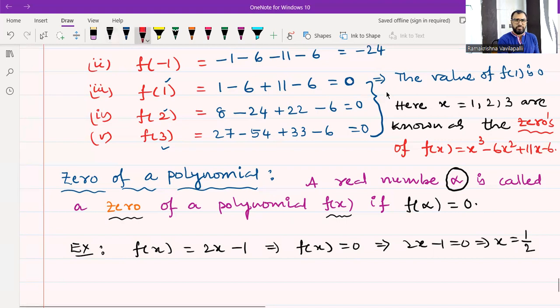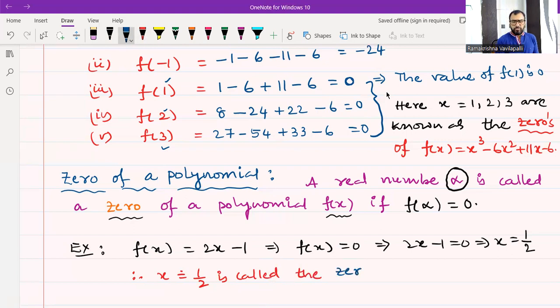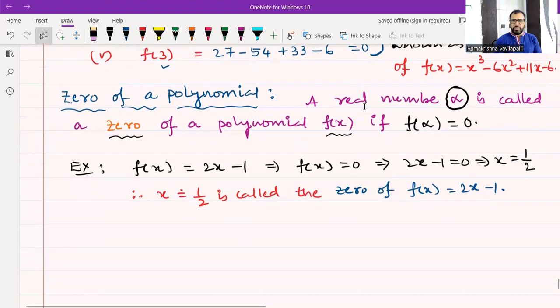So therefore, x equal to 1 by 2 is called the zero of f of x equal to 2x minus 1. So remember, simply the zero of a polynomial means at what values that polynomial vanishes.